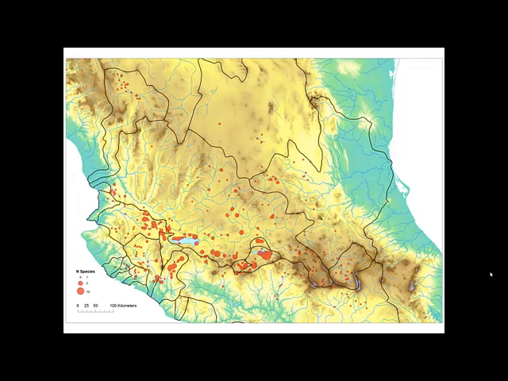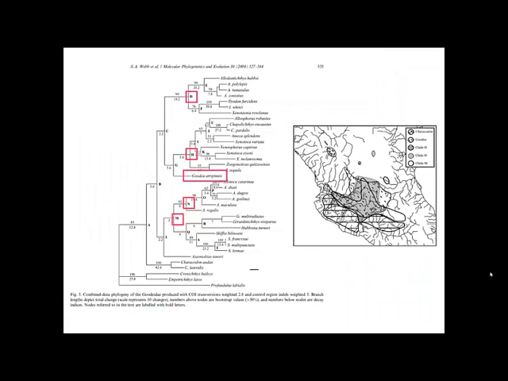The center of biodiversity for this group of fish is in this area here, but they extend down towards the Pacific coast. We've got an isolated group of a couple of species up here, and we also get them extending over towards the Atlantic. So that's roughly the distribution of the species of Goodeidae.